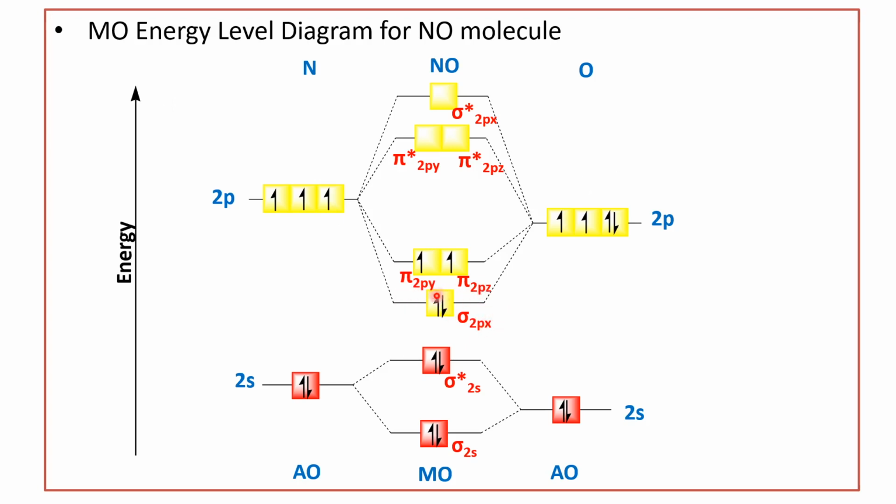Using Hund's rule of maximum multiplicity, again pi 2py and pi 2pz. And the last electron is filled in the pi asterisk 2py. So this is the filling of electrons in the MO energy level diagram. This is the unpaired electron present in the pi asterisk 2py. It shows there is one unpaired electron in the NO molecule and hence it is called a free radical.